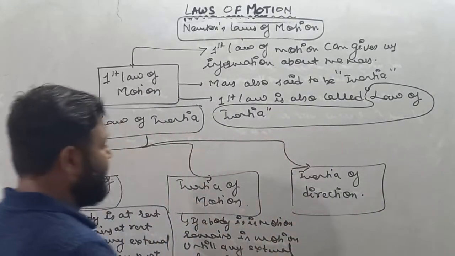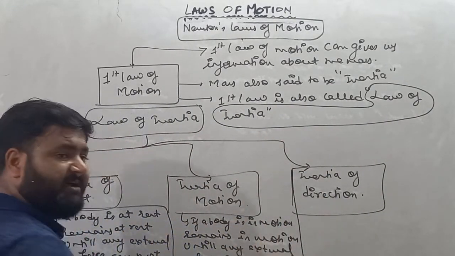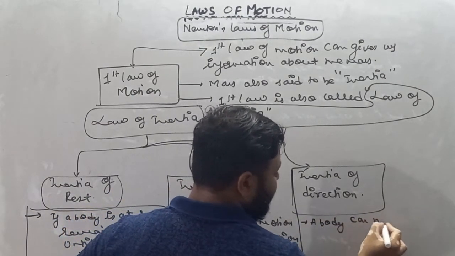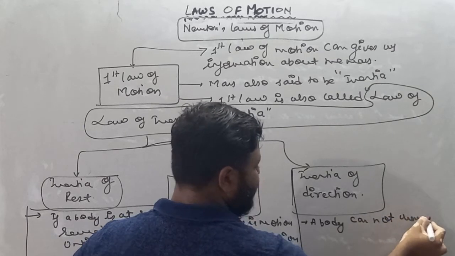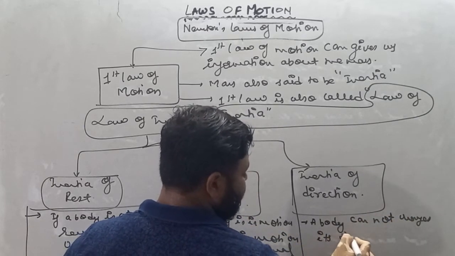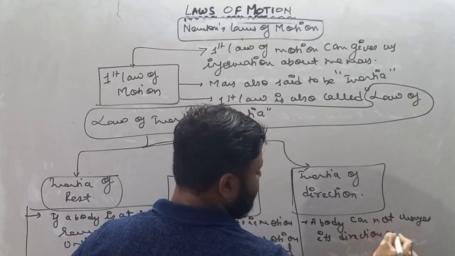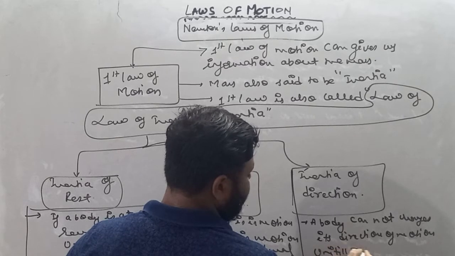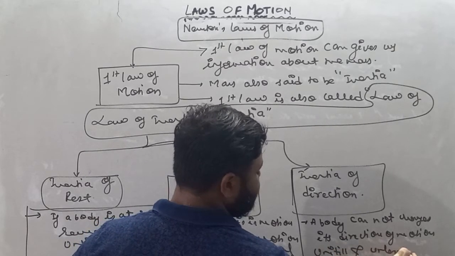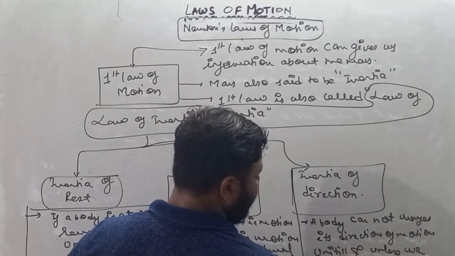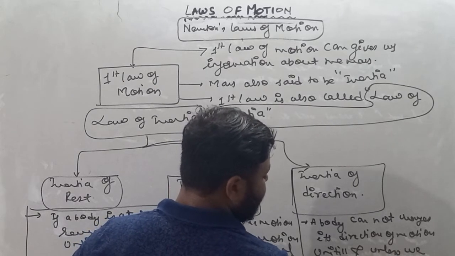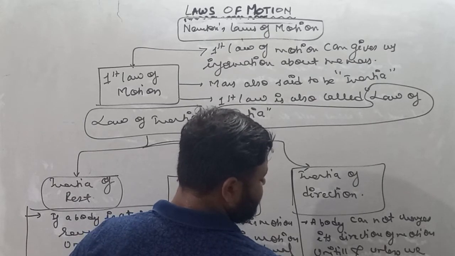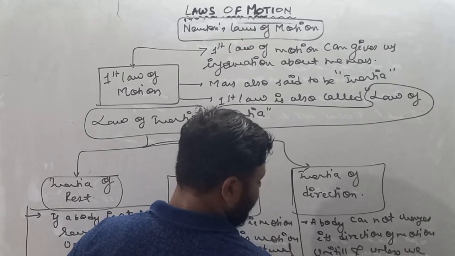Then third is inertia of direction. Inertia of direction says a body cannot change its direction of motion until and unless we apply any external force on the body.